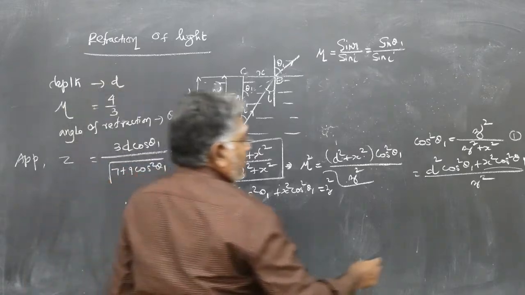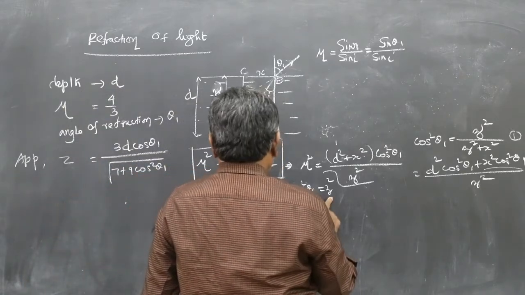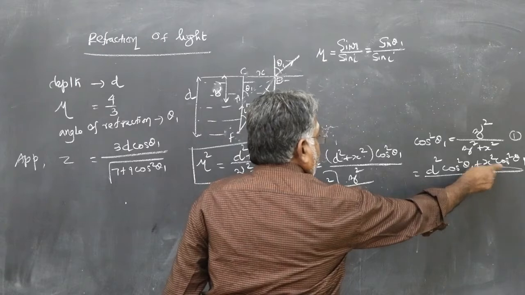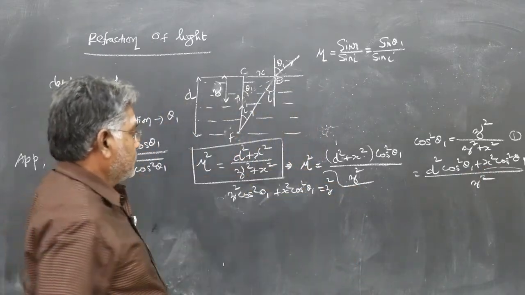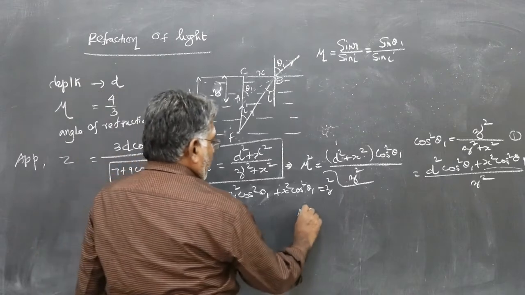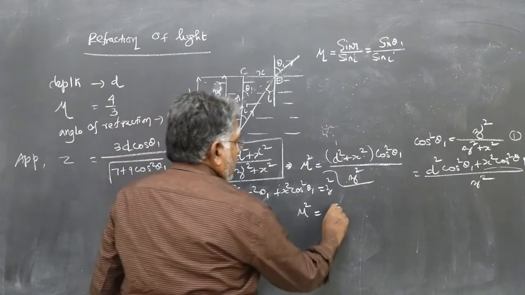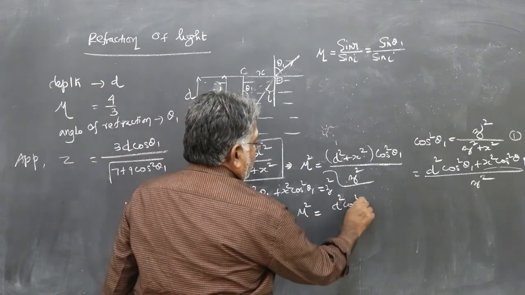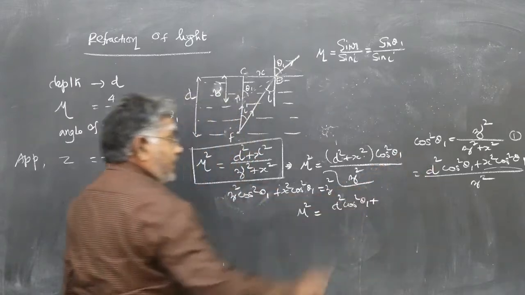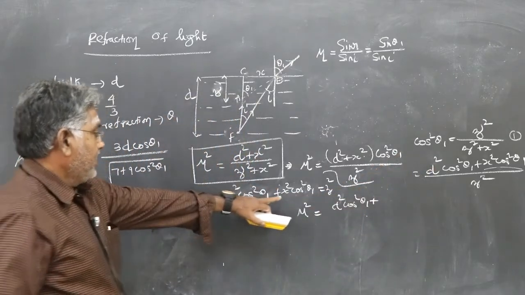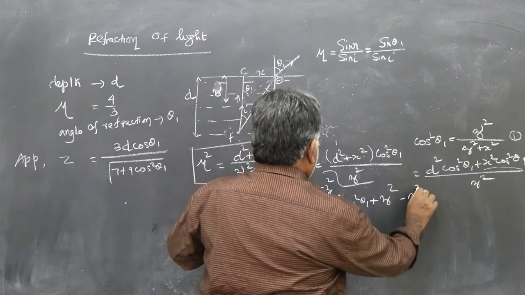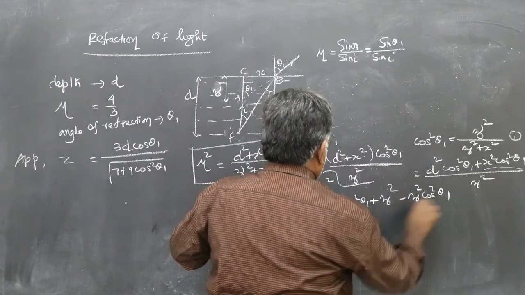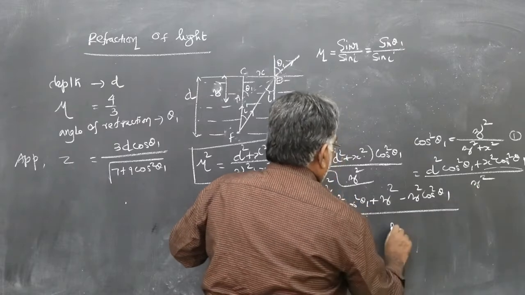Okay, this you got, you have to substitute for x square cos square theta 1. On the left you have mu square. So mu square is equal to d square cos square theta 1 plus x square cos square theta 1, which will be z square minus z square cos square theta 1, whole divided by z square.